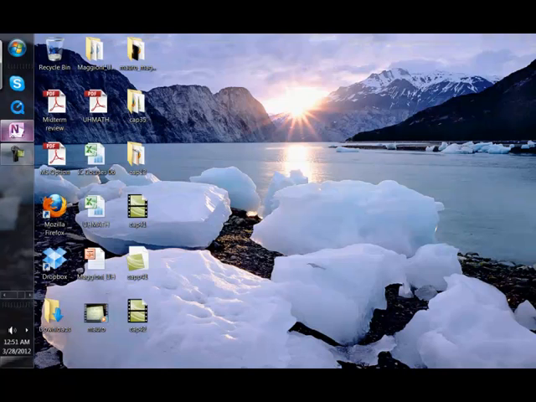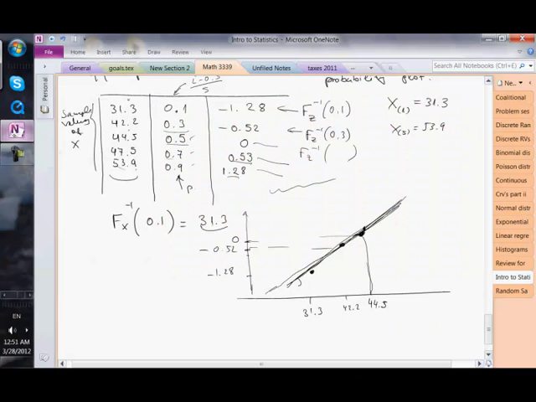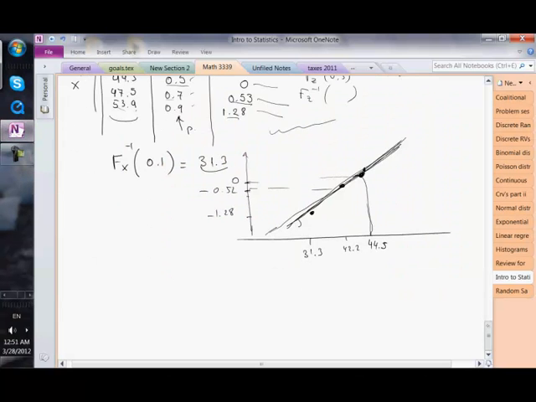We continue now with the final topic of our discussion, which is generating random numbers.